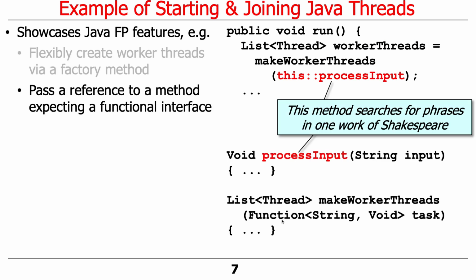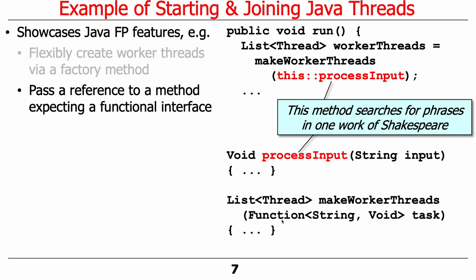The way we're going to make these worker threads is we're going to pass a method reference to a method, make worker threads, that expects a functional interface, or it has a parameter defined to be a functional interface. In this case, it'll be the functional interface, as you can see here.